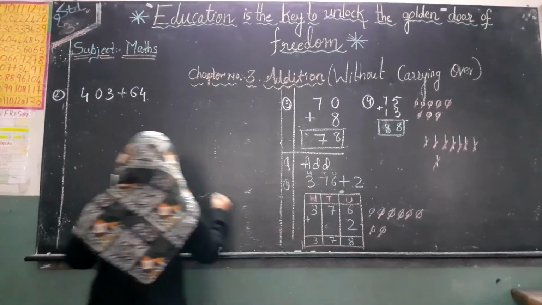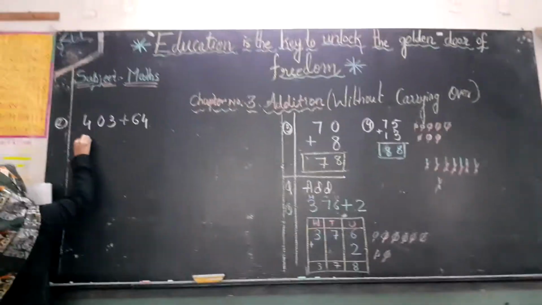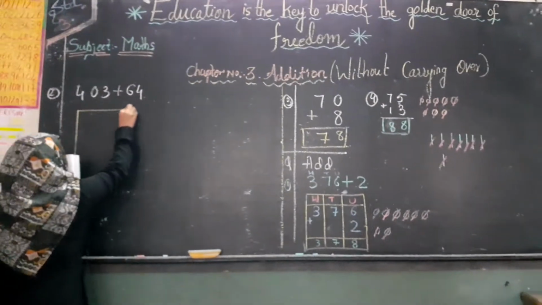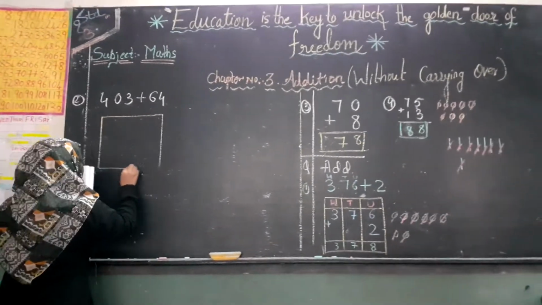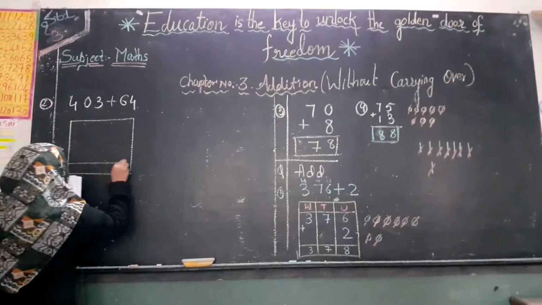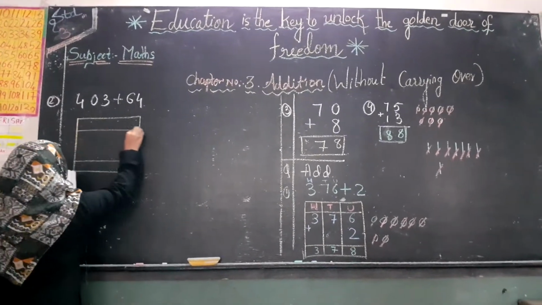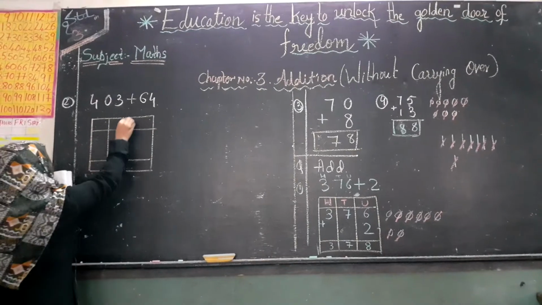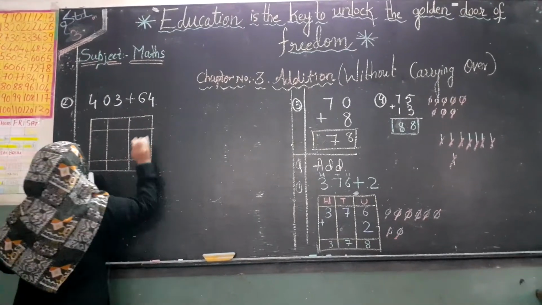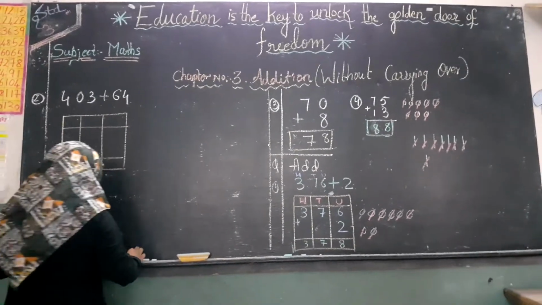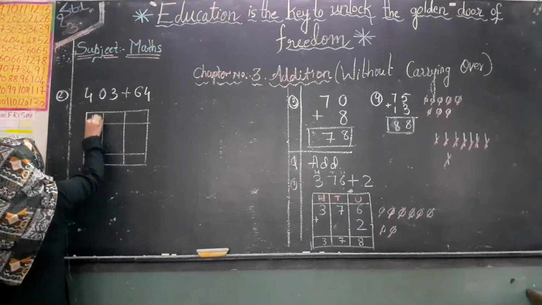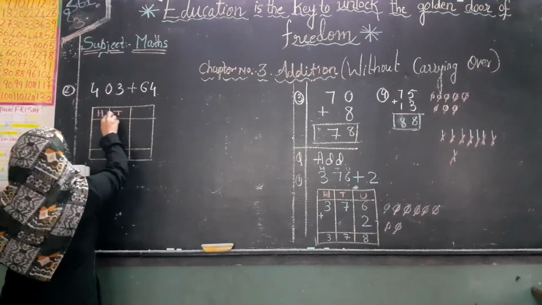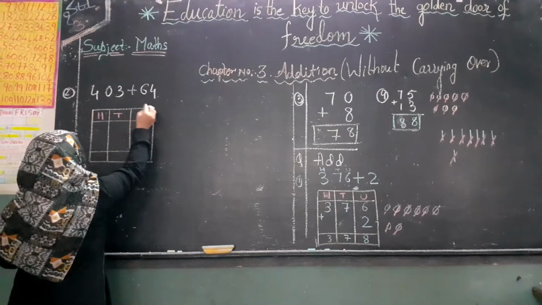Now we will draw the box. Now you have to write hundreds, tens, units. Okay.